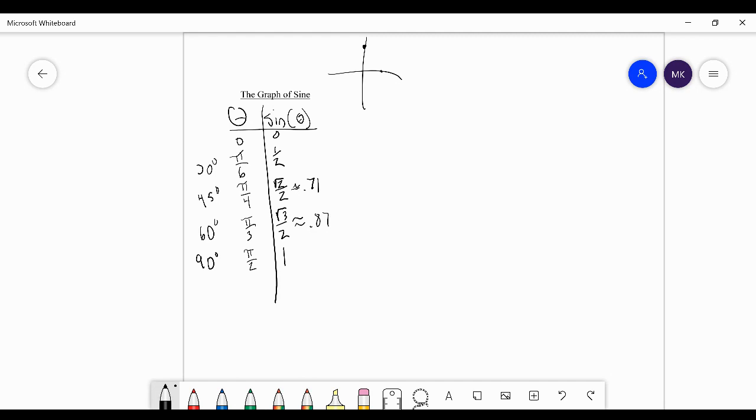What if we do 2 pi over 3, then 5 pi over 6, and let's just jump to pi.